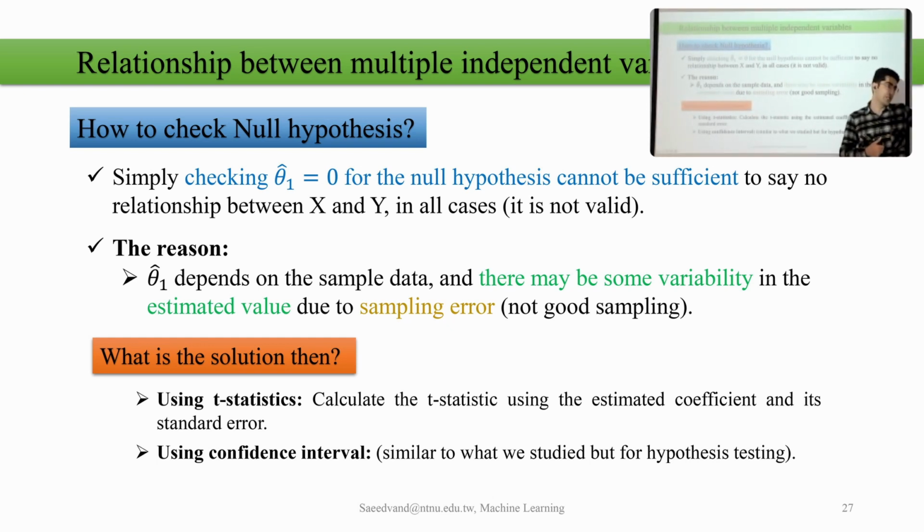We need to use all of them, actually the whole slide from the beginning up to here, to calculate the t-statistic in order to say whether this hypothesis is accepted or rejected. Another technique is using a confidence interval, which is similar to what we've done, but using t-statistics is more common.